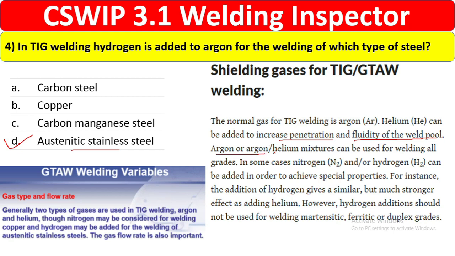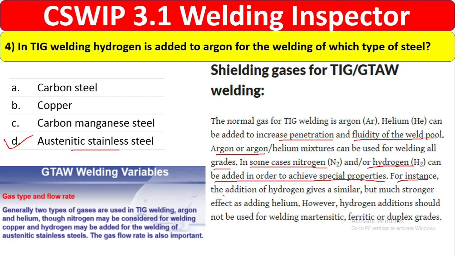Argon or an argon helium mixture can be used for welding all grades. In some cases nitrogen or hydrogen can be added in order to achieve special properties. Sometimes we use nitrogen or hydrogen, maybe because of a client requirement to achieve some special properties.